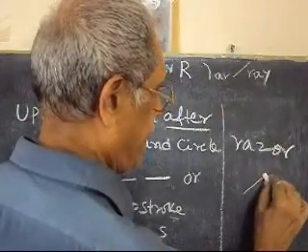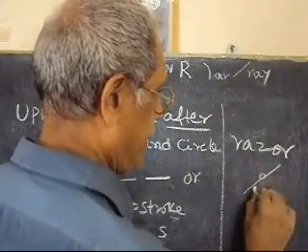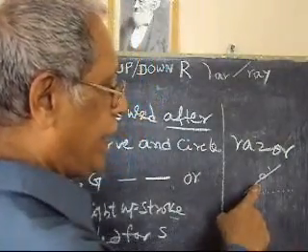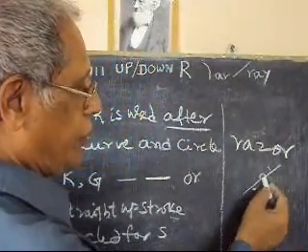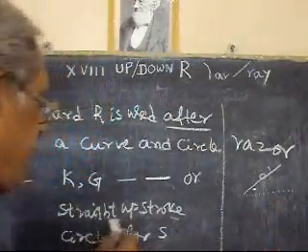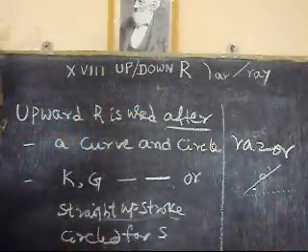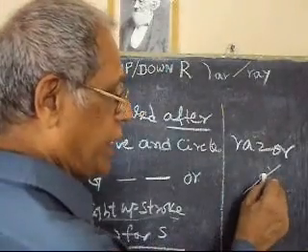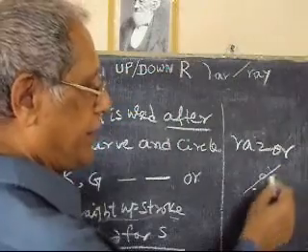Razor. So, after a straight upstroke, circle for S. Straight upstroke, circle, then ray.